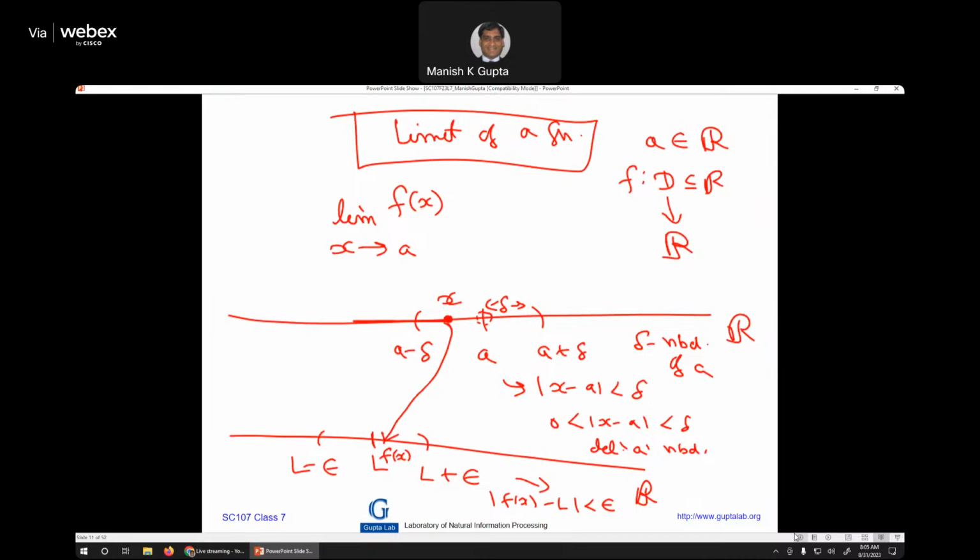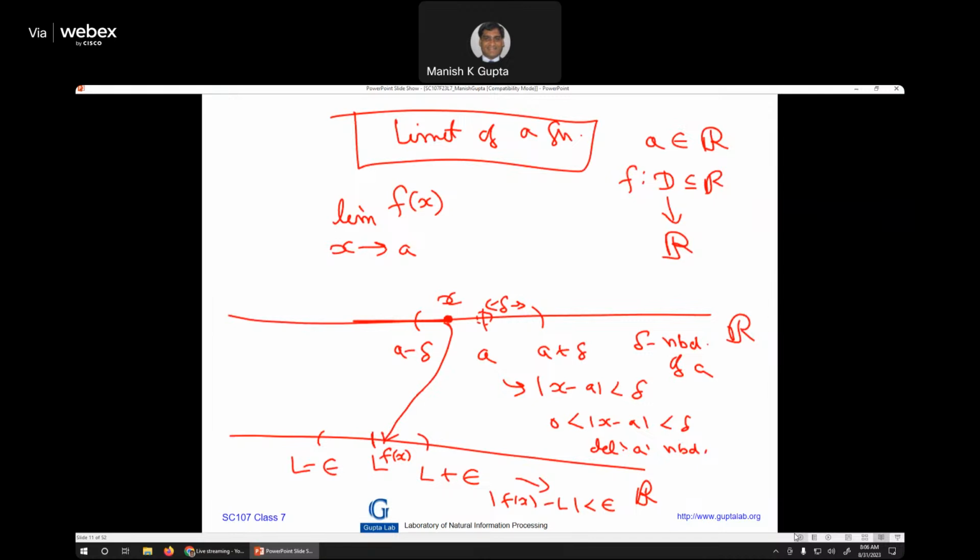So as long as x approaches towards a either from this side or from this side, right? The image of this lies in the neighborhood of L for some epsilon positive. So this distance is epsilon and this distance is epsilon, right? So this is the neighborhood of L. Basically, you need to understand this idea of neighborhood of a point. This is very, very important, right?